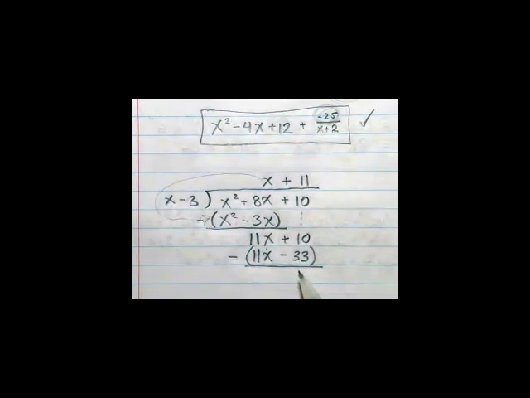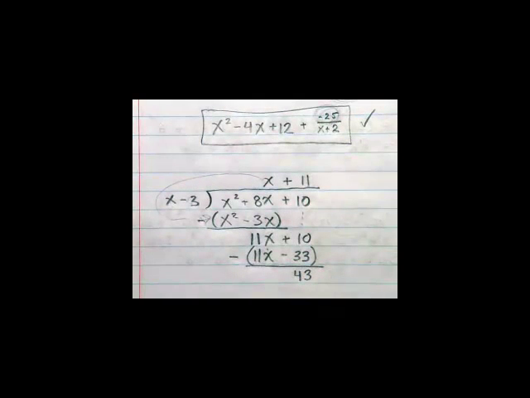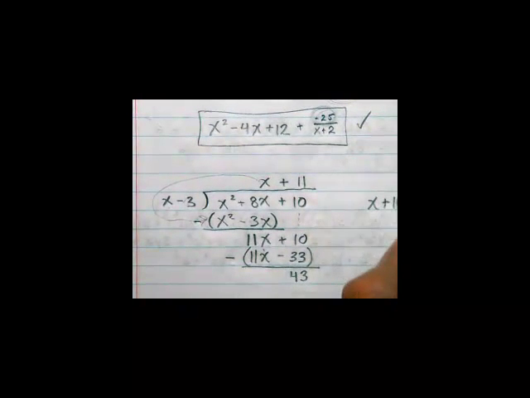10 minus negative 33. We're not adding them, we're subtracting them. 10 minus negative 33 is 10 plus 33. That's 43. All right, so this one, there are a couple different ways we could write the answer again. x plus 11 with a remainder of 43, if you like that, that's fine.